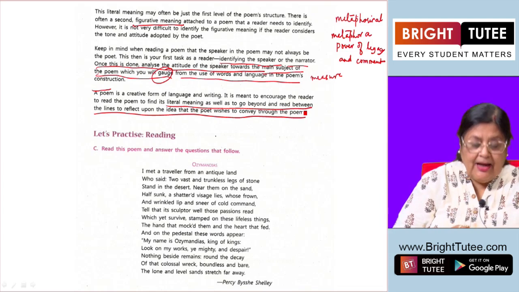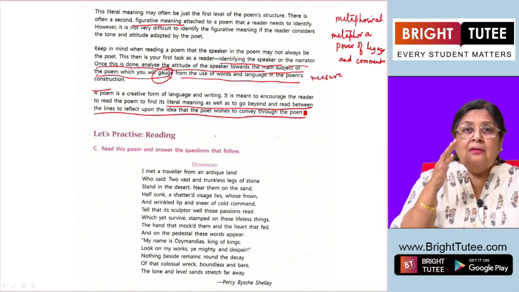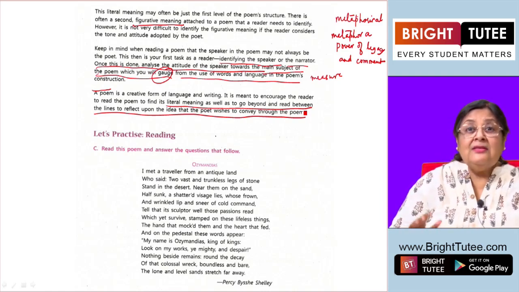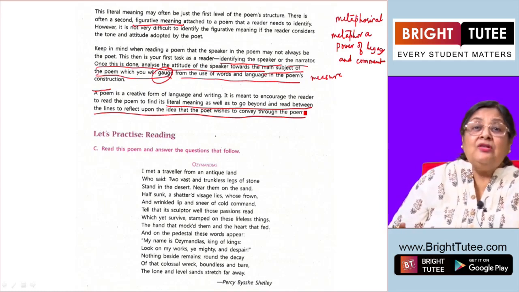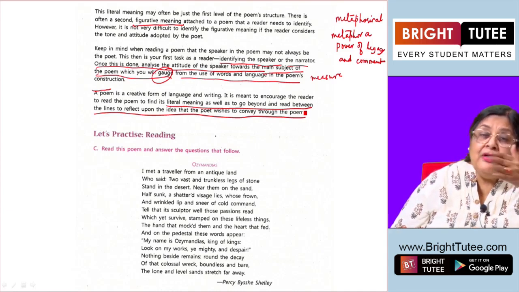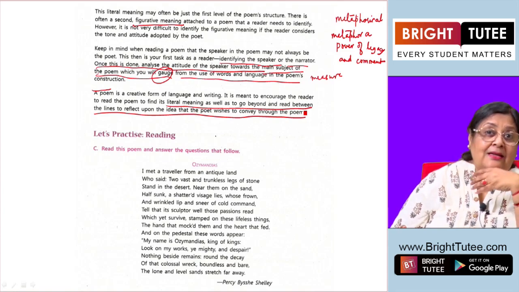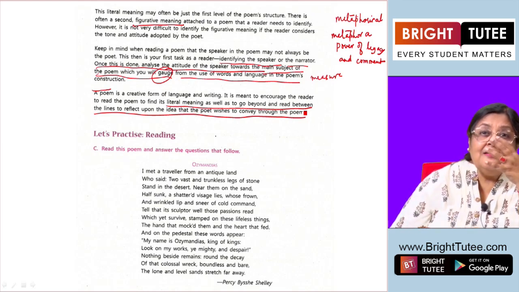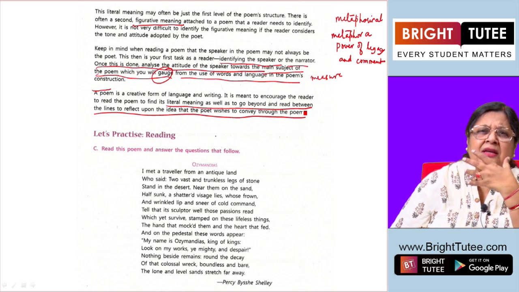The entire image of the face was described by the traveler: the stone has fallen, the statue is broken, the two legs of the broken statue are buried in the sand, and the face is also buried in the sand. But still, the traveler could see the stern effect of the face. The king, the statue of the king, was so haughty, arrogant, and the frowning brows probably indicate that he was cruel too.